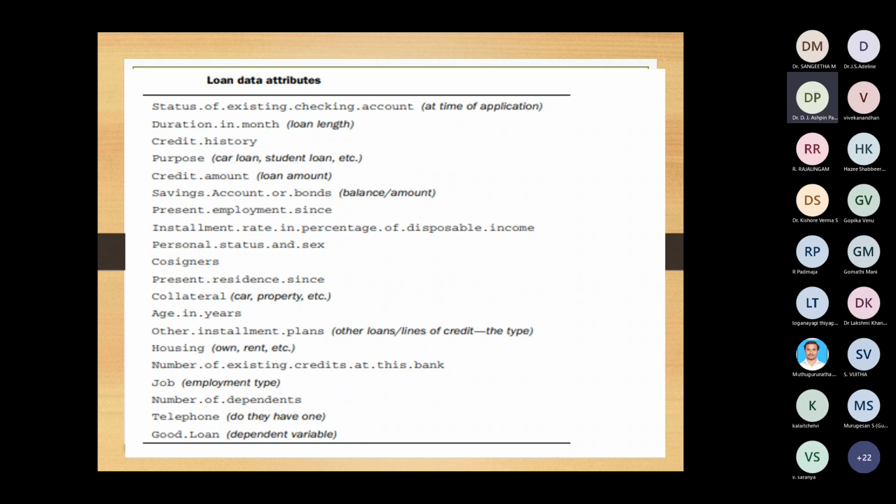Defaulted means not paid. Those loans are considered bad loans, and most of them, above 70%, were repaid, which means they are considered good loans. So you have collected a variety of attributes about each of these applications. Here, a good loan represents paid off, and a bad loan represents defaulted.